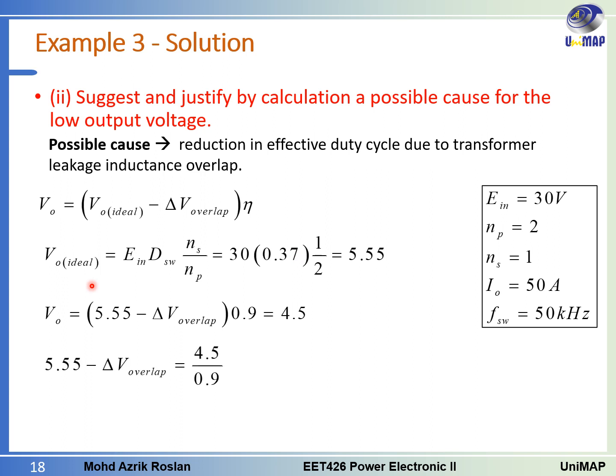Now we want to find the value of the delta V overlap, because in this equation the only parameter that we don't know is the delta V overlap. So we can find it by rearranging this equation. The value that we get is 0.55. So this is the amount of delta V overlap due to the leakage inductance, 0.55.